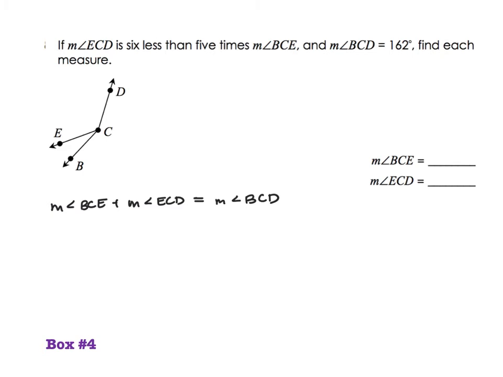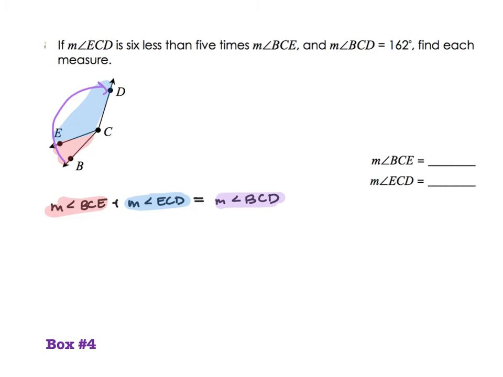this measure right here, let me highlight it, that's BCE, plus this measure right here in blue, that's ECD. If I add those two together, they equal the whole thing together, which happens to be BCD. That's all I wrote so far.